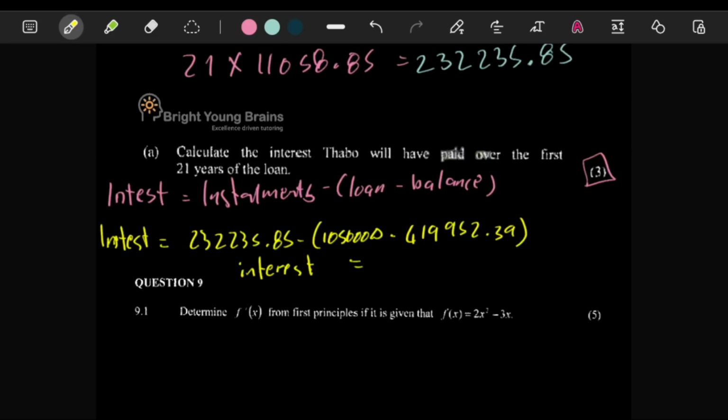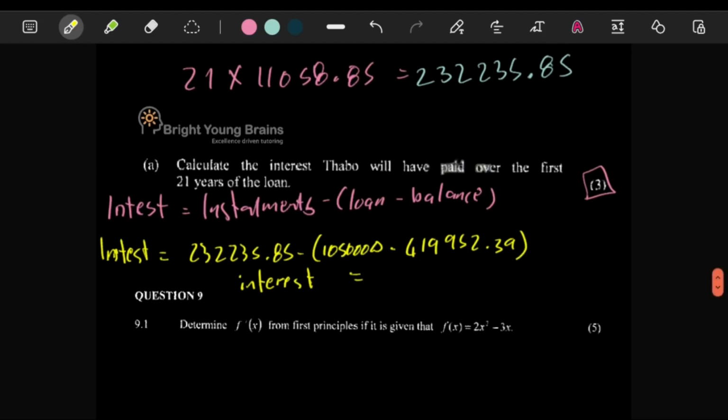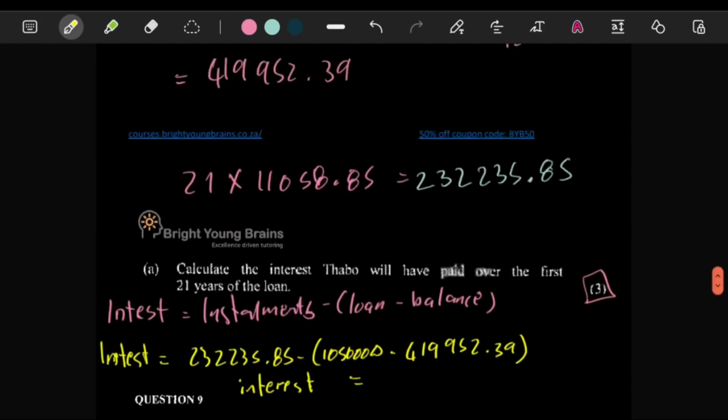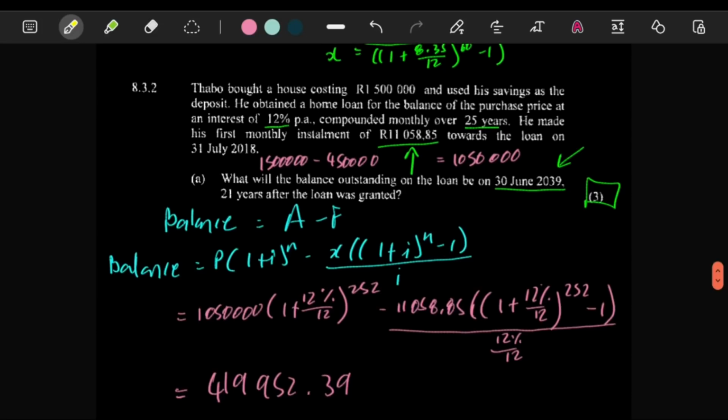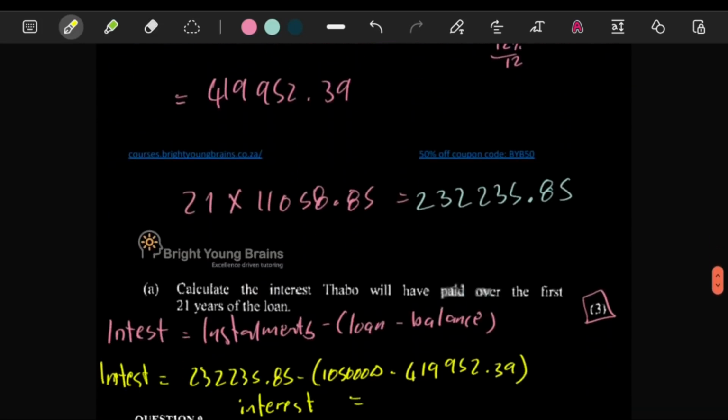Let me just double check I didn't make any silly mistakes, okay? 1,000,000 and that. Yeah, I did make a mistake. I didn't put enough zeros. It's 1,050,000, right? Yeah, 1,050,000. So let's see.